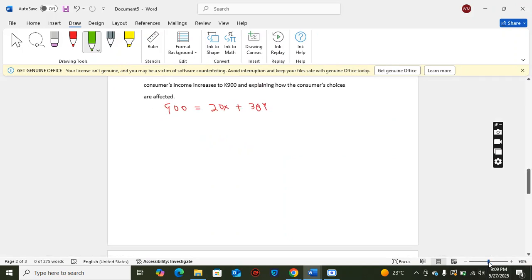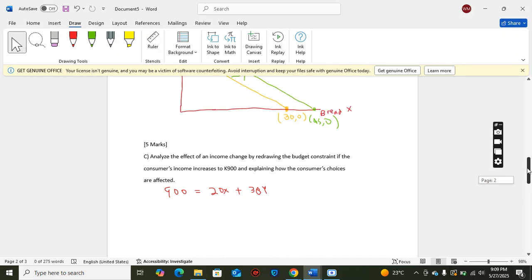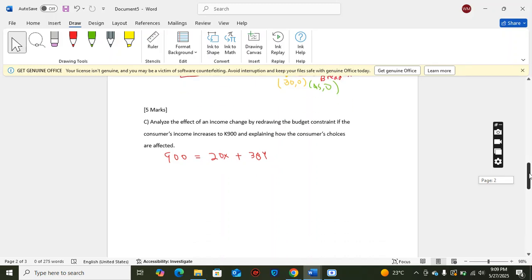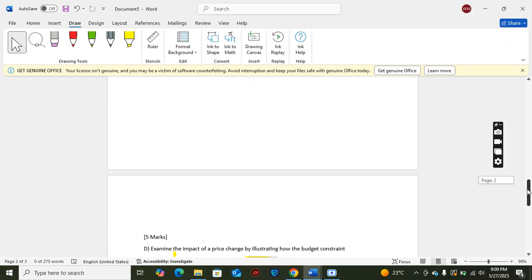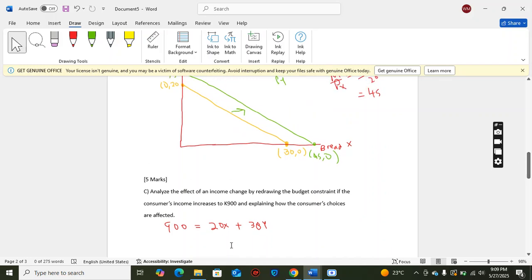That's what directs you on how many graphs to draw. For part C, they told us to draw the graph again, so I had to redraw it down here. Or if you're using one graph in the exam, you can label it part C here, then here it was part B.